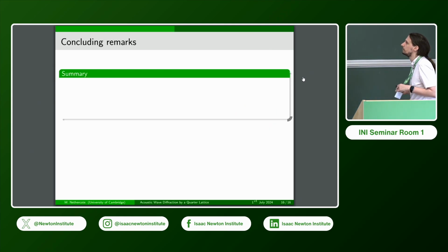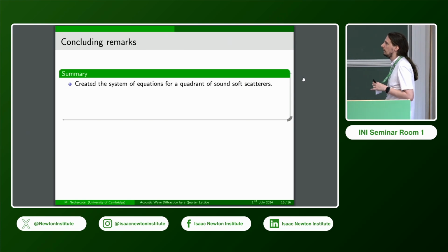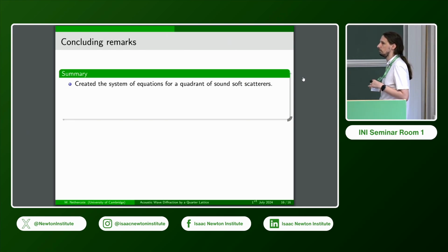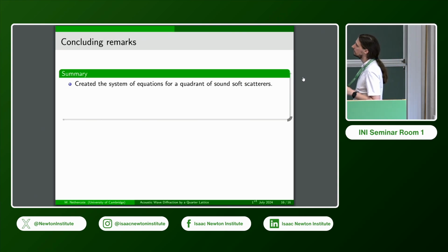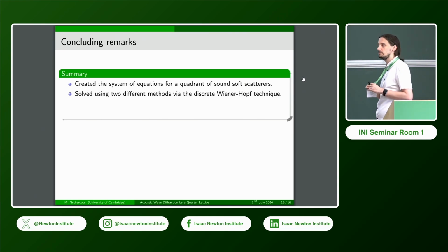Okay, so to summarize, we looked into a multiple scattering problem with a full quadrant of sound-soft scatterers. We found a solution using two different methods that both use the discrete Wiener-Hopf technique.